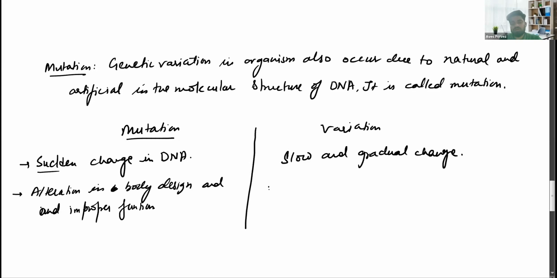But variation also helps in alteration in body design, but this is very slow, so you cannot say that, for example, we have a body design where we are going to have two hands, two eyes, one nose. It does not mean that if a person is getting three eyes due to variation, no. But mutation can result in such change. For example, if a person gets 6 fingers, that is a mutation.